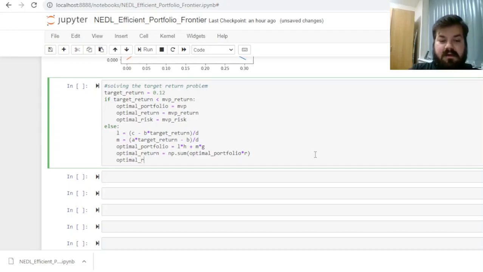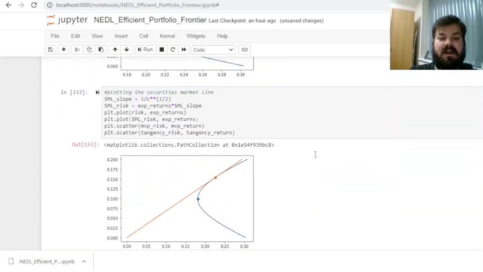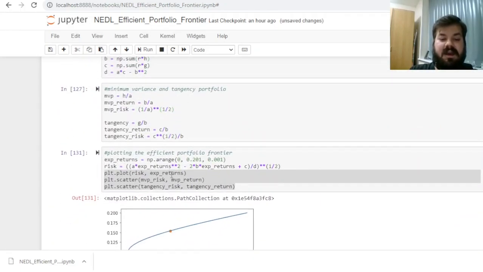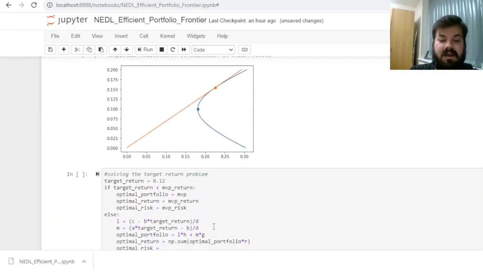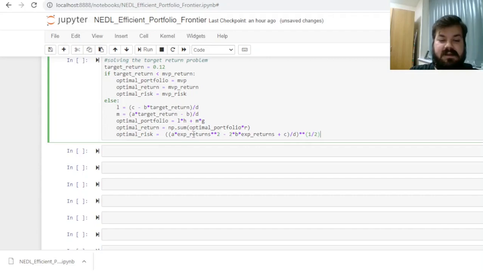And the optimal risk can be easiest figured out by plugging the optimal return into the EPF formula that we have sorted out over here. Actually, this is a formula we can simply copy and substitute our expected returns with optimal return that we've just figured out.